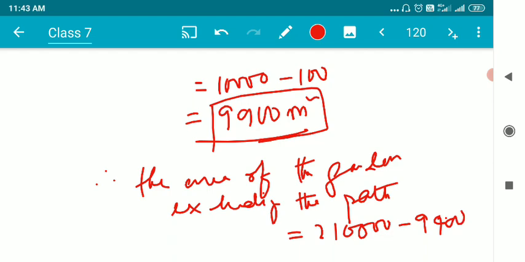If I subtract 9,900 from 210000, it will be 2,00,100 meters squared. This is the area of the garden excluding the path, because I have already calculated the area of the path, which was 9,900, and subtracted it from 210000.